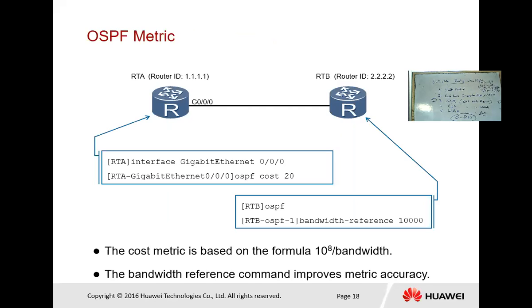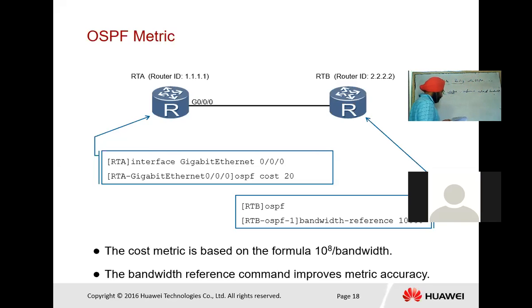The formula is: the cost of the interface is equal to the reference value of bandwidth divided by the interface bandwidth.